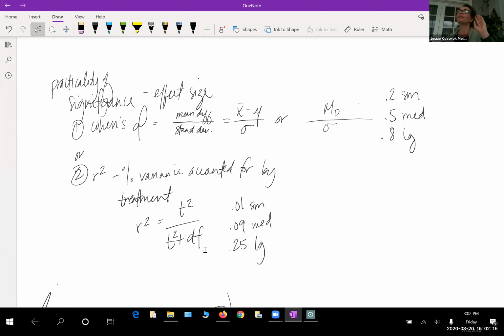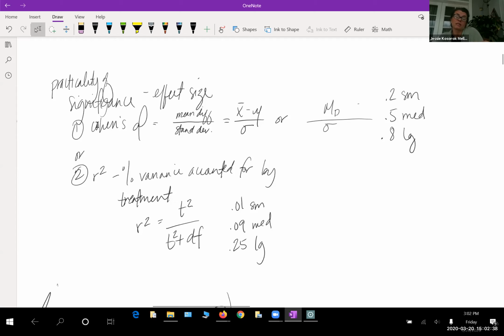So we're going to learn 2 different ways to calculate effect sizes for our parametric tests. And one of them is Cohen's d. Cohen's d is essentially asking about the practicality of this significance. Is it a small significance, a medium significance, or a large significance? Meaning that regardless of sample size, you're going to find significance.